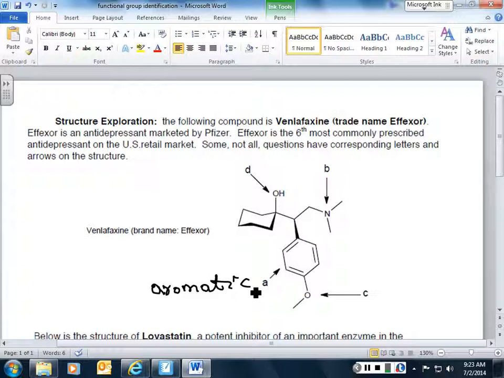Carbon, oxygen, carbon. Now go to the appendix in your book. Last appendix, Appendix A. There's no page number actually.